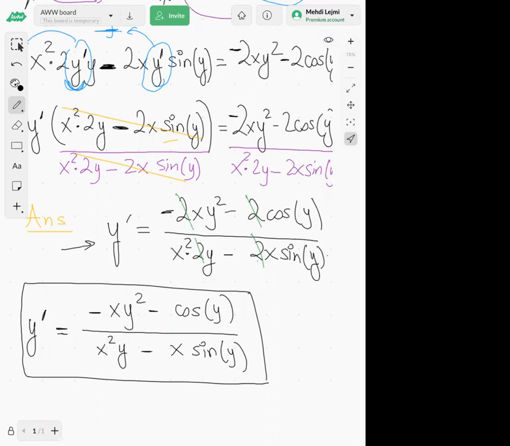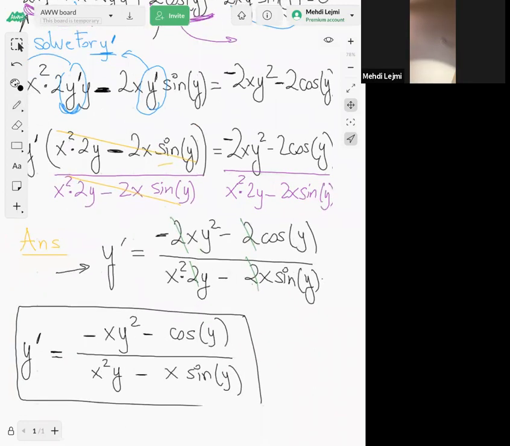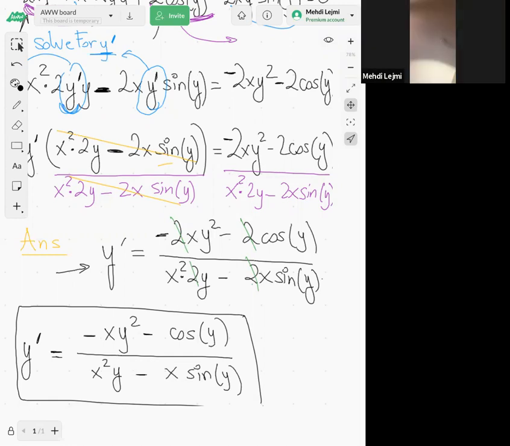Professor, I had the first answer, the one you have with the 2. Then I made a mistake writing down the second one when I factored out the 2. I simplified the 2, but instead of writing minus cosine of y in the bottom, I wrote x instead of y. Was it just a typo, or the wrong derivative?